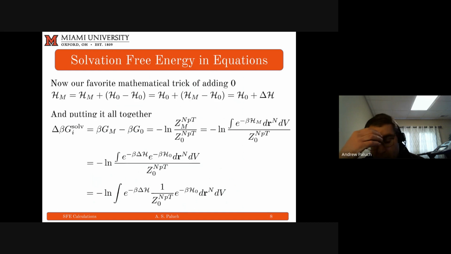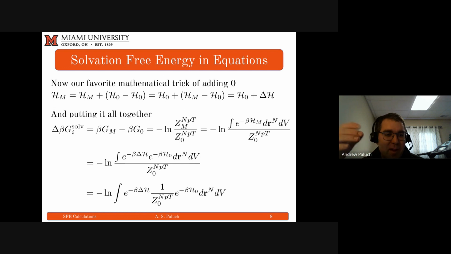I just had my exam yesterday for my chemical engineering thermodynamics class, and there's a trick we use in setting up a lot of our expressions for fugacity, the same as we have here. One of our favorite mathematical tricks is the additive identity and the multiplicative identity. The additive identity: anything plus 0 is just what you started with.